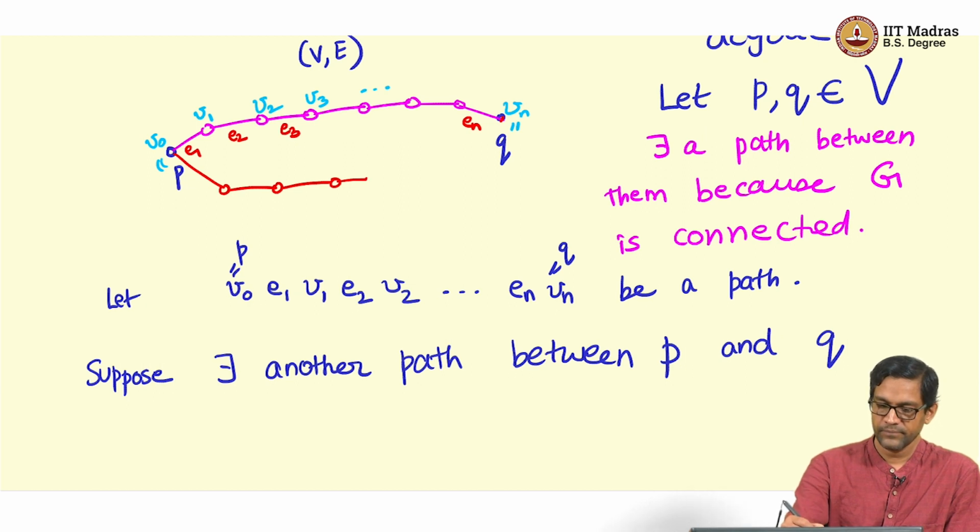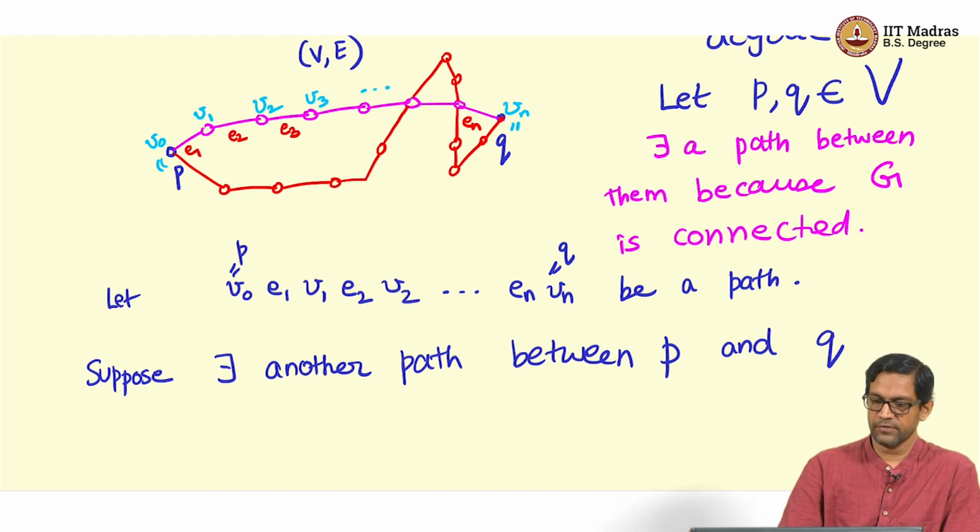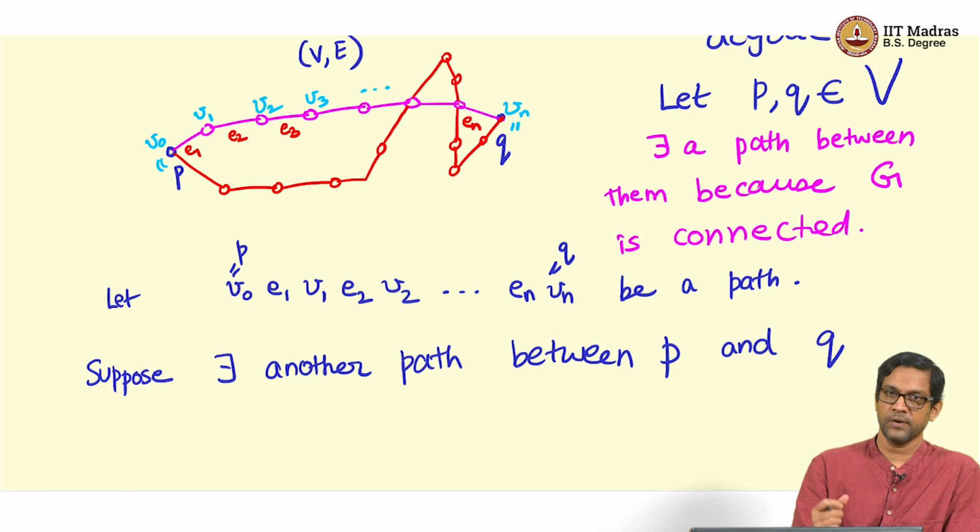For example, the second path could be like this. It could actually have some vertices in common with the first path even before you reach the end. So we have to keep open that possibility, and write out a careful argument for this statement.